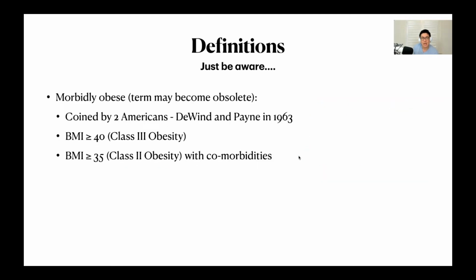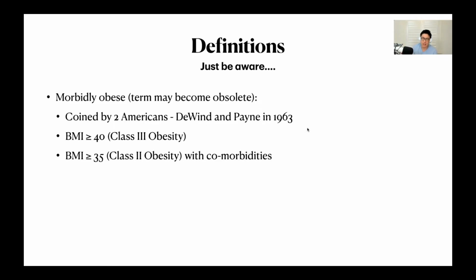Now, just be aware with the idea of defining what morbidly obese is. The reason I've got this here is that this may become obsolete in the future. It was coined by two Americans called DeWin and Payne in 1963.